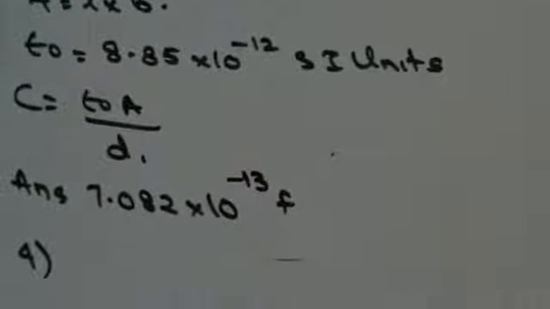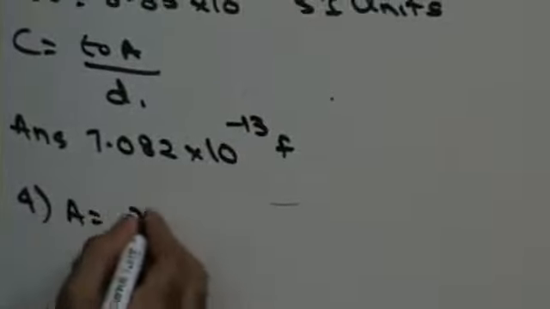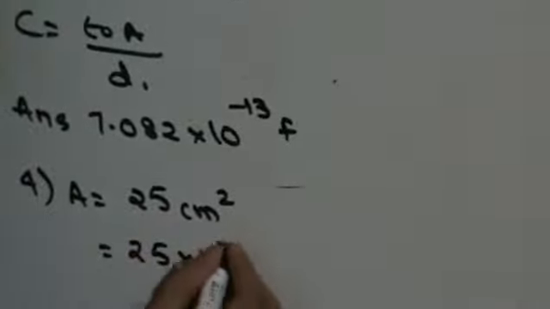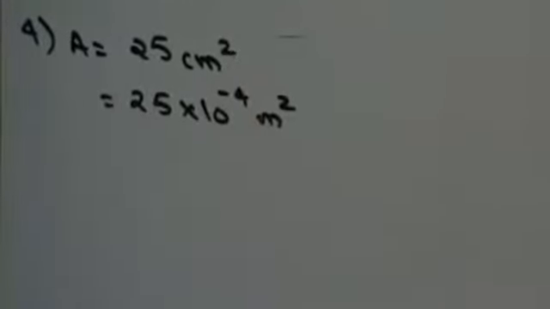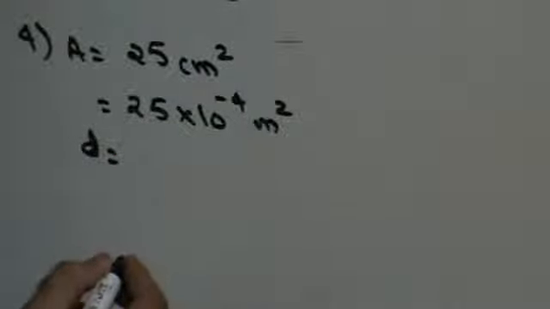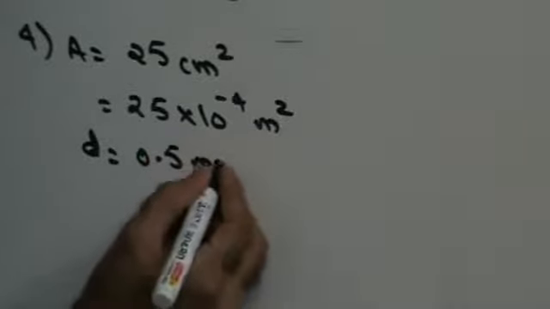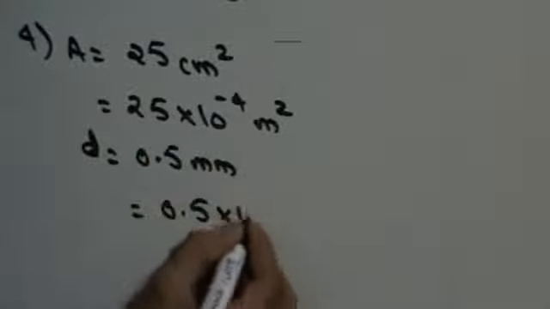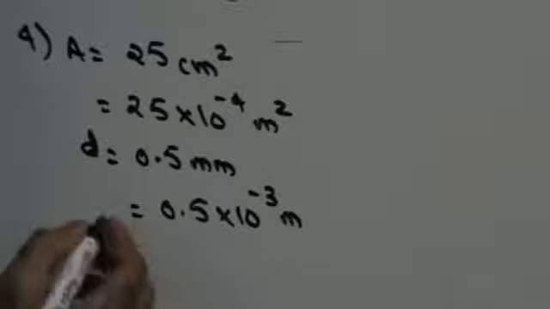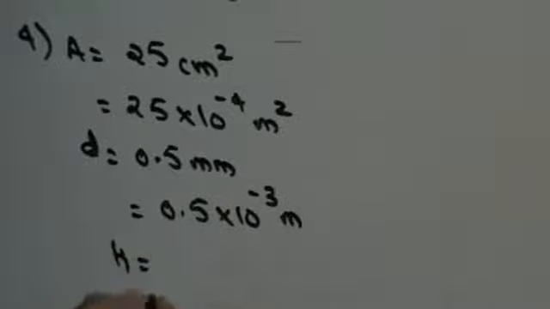Each plate of a parallel plate capacitor has an area of 25 centimeters square. The distance between the plates is 0.5 millimeters, and the dielectric constant is 4.